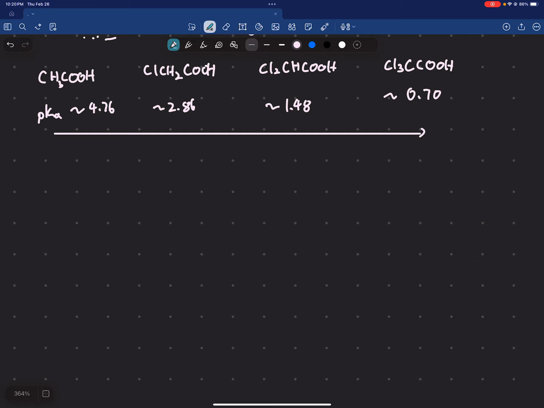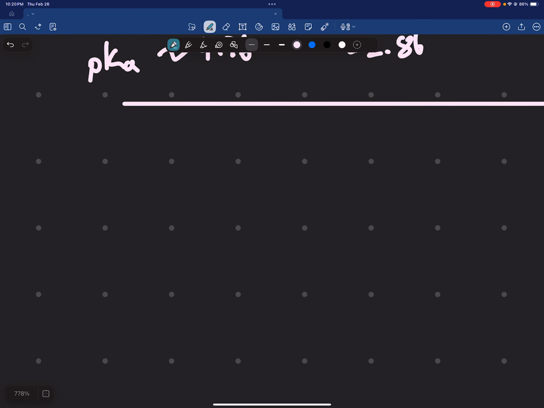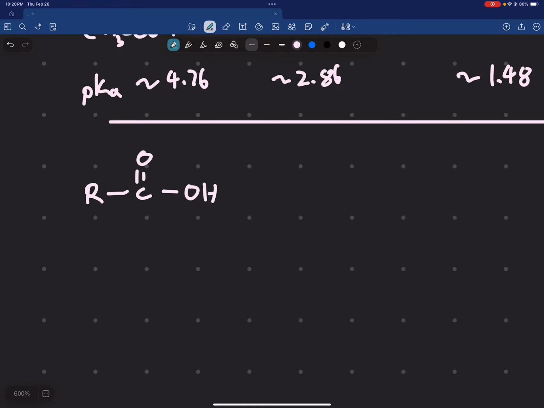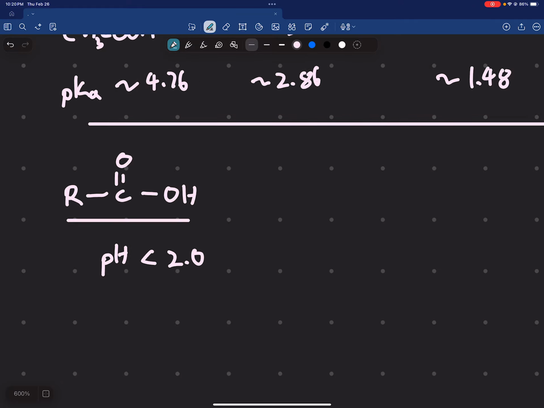Which form the carboxylic acid will take in an aqueous solution will be dependent on the general pH of the solution. So let's just draw this. This will be the predominant species of carboxylic acid when the pH of the solution is less than 2.0.